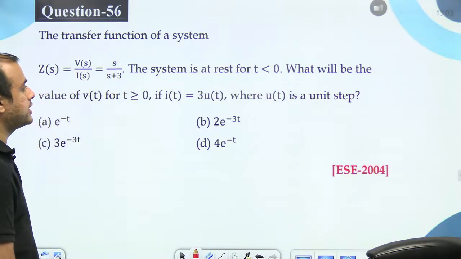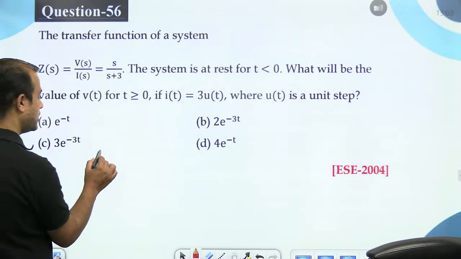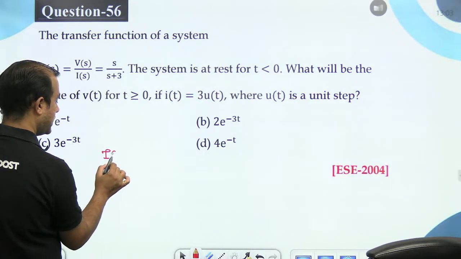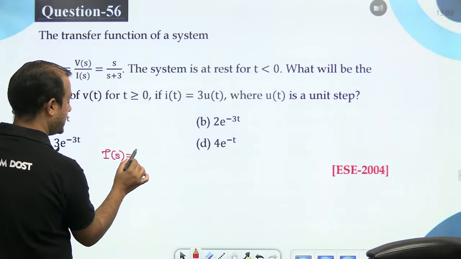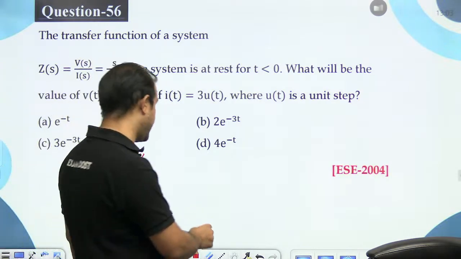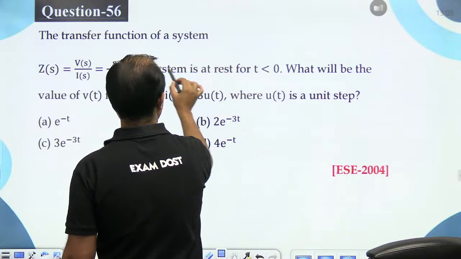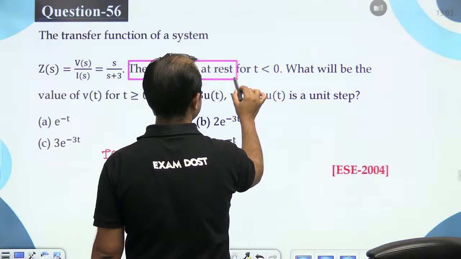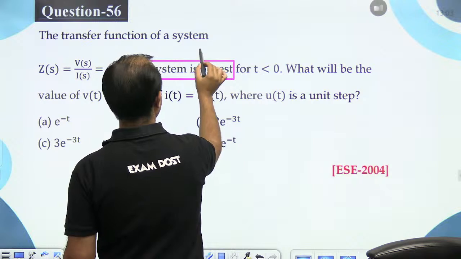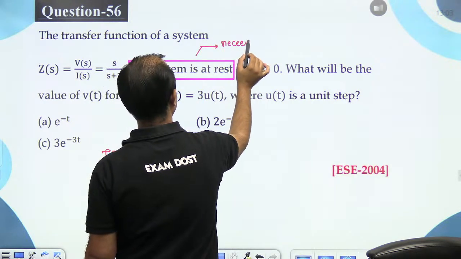System is at rest for t less than 0. Vt for t greater than 0. Initial condition जब 0 होती है ना, then you can use these transfer functions. Remember, it is very necessary. This condition is very necessary to use the impedance or the transfer function.